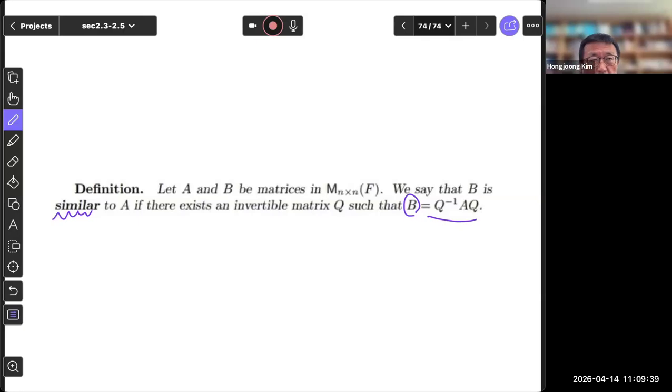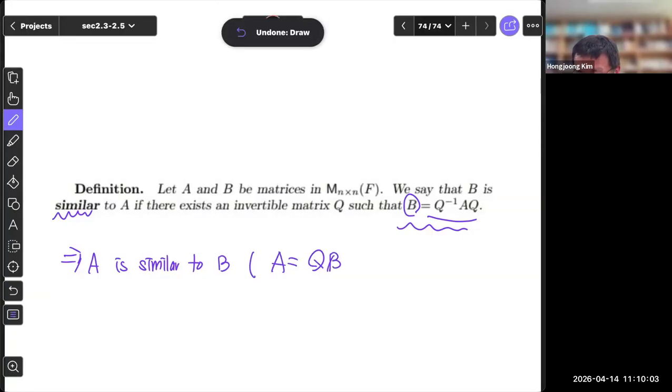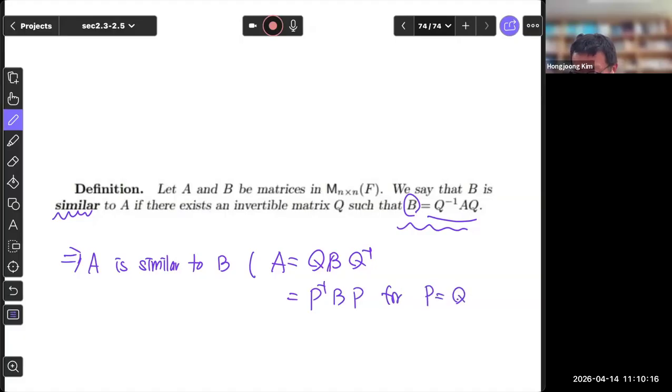If B is similar to A in this sense, then A is similar to B, because A can be written as Q B Q inverse, or P inverse B P, for P representing this Q inverse.